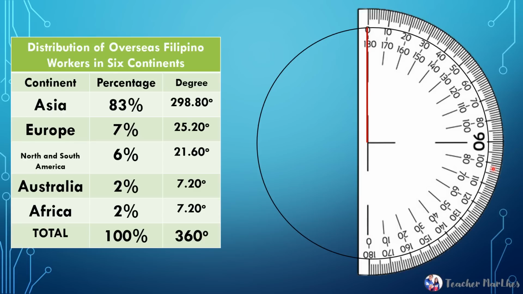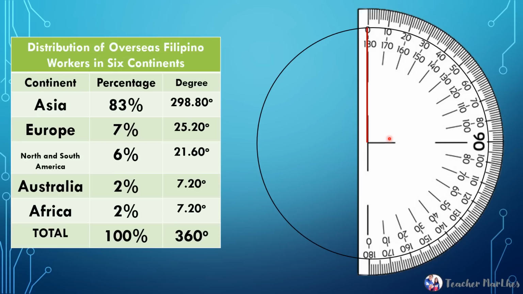So kapag nagdo-drawing ng parts ng circle graph, uunahin ang pinakamalaki. So sa table na ito, ang pinakamalaki ay Asia with 298.80 degrees. So ang protractor ay hanggang 180 lamang. So ibig sabihin, ang kalahati ng circle ay parte na ng Asia.